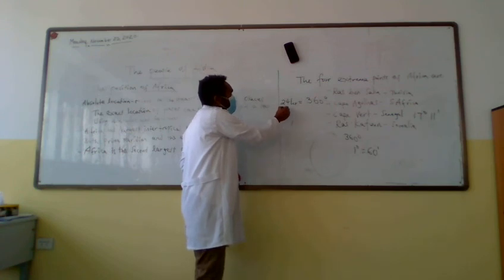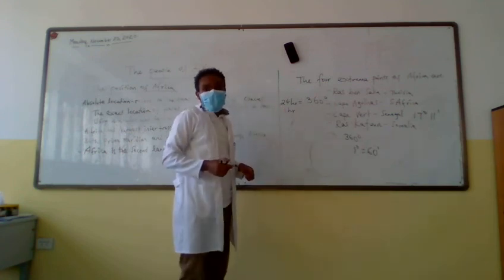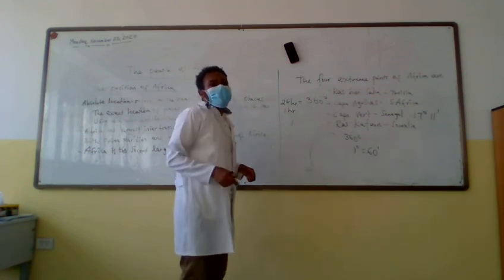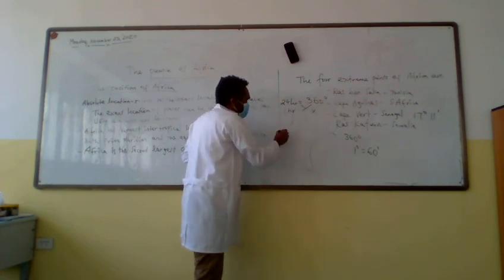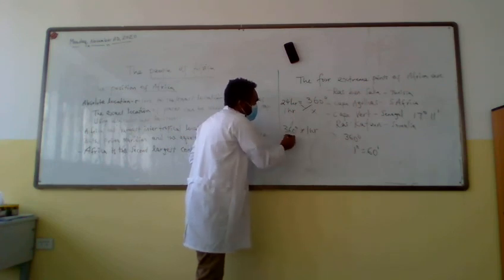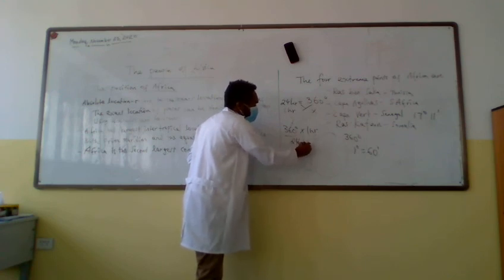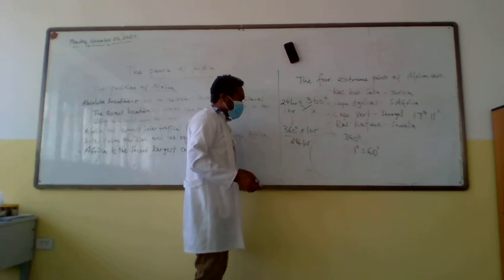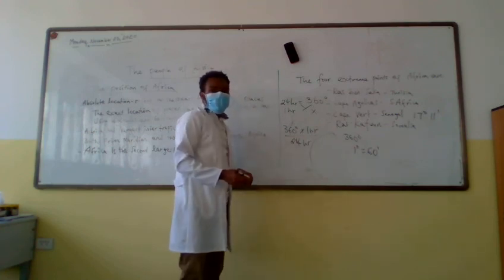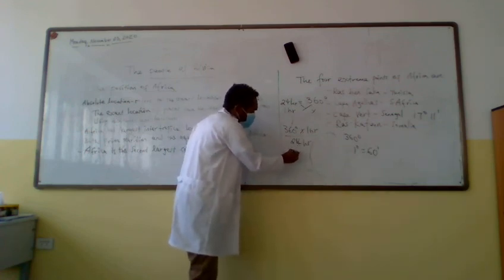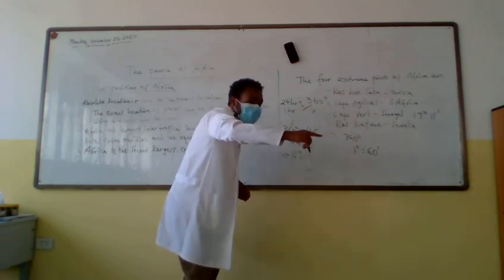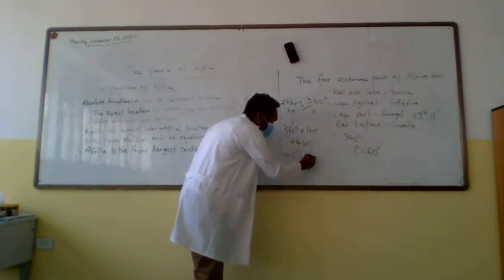In 1 hour, how many degrees can we cover? X equals 360 degrees times 1 hour over 24 hours. 360 divided by 24 gives us 15 degrees. To cover a 15 degree distance, it takes 1 hour.